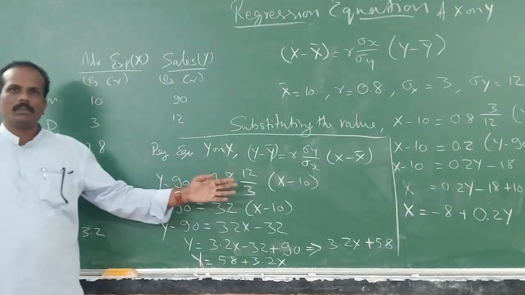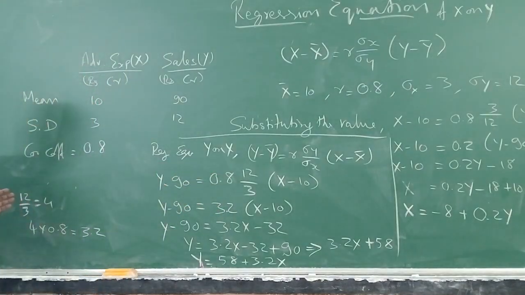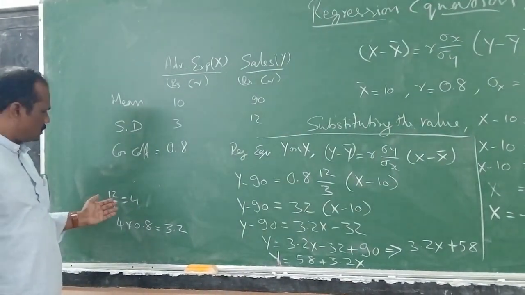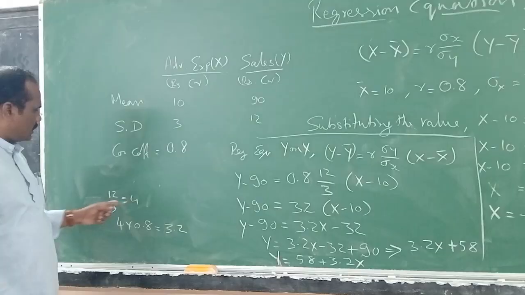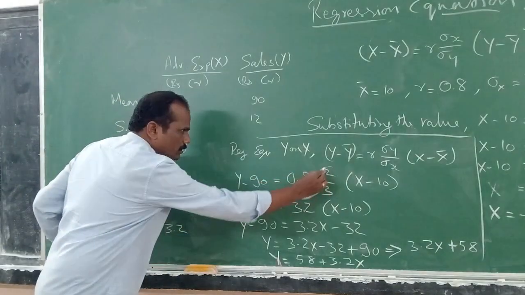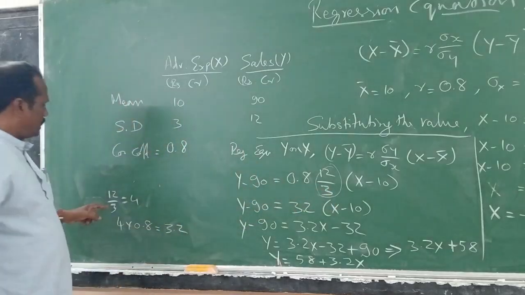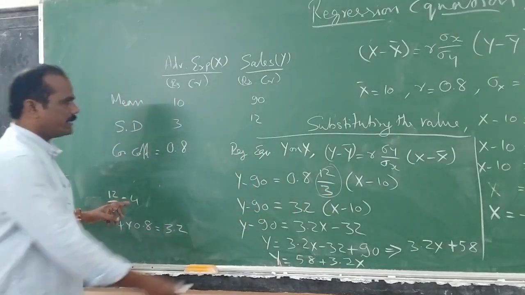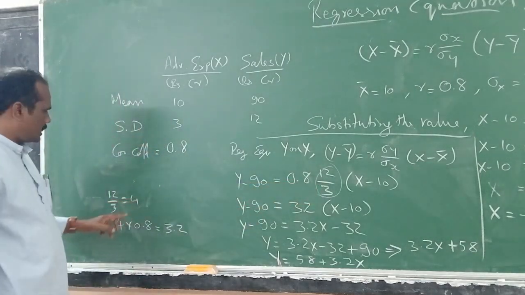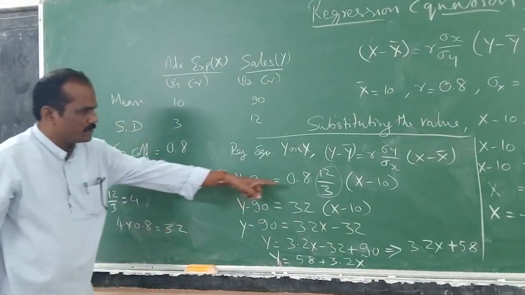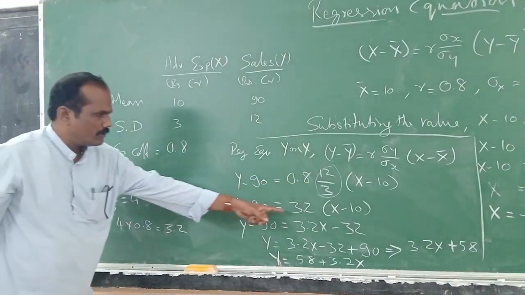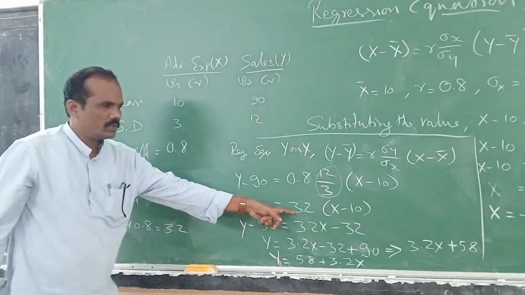Here, I will elaborate this one. 12 by 3 is equal to 4, and again I am taking this value 4 and multiplying with 0.8. When I multiply 4 into 0.8, the value comes 3.2, right?